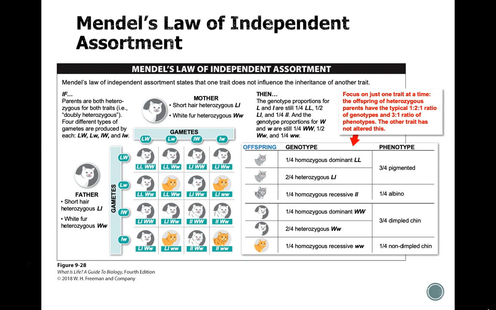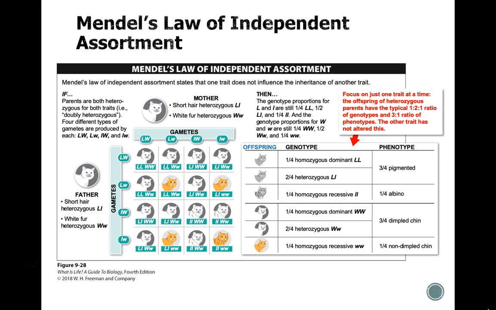I think this is best illustrated by an example. Here our book uses the example of short hair and white fur. The law of independent assortment would say that the chance of inheriting the short fur allele does not affect the chance of inheriting the white fur allele.